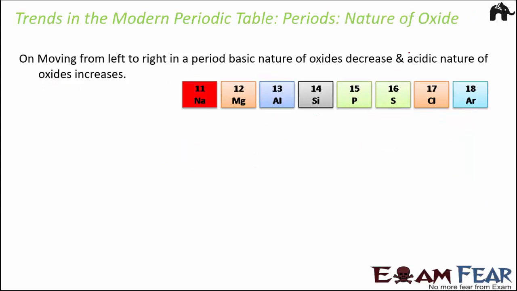Next, we talk about nature of oxides. On moving from left to right, basic nature of oxides decreases and acidic nature of oxide increases. How? So we learnt that metallic character decreases from left to right. Now, metallic oxides are basic in nature, right?